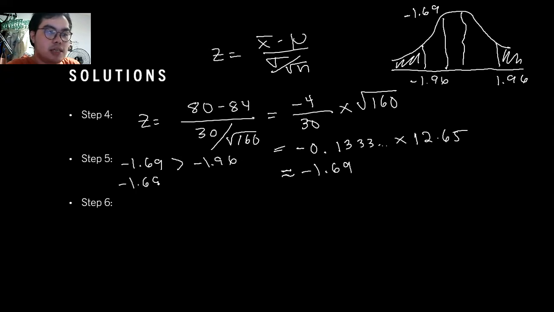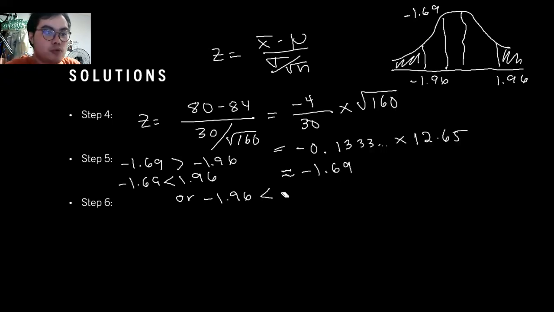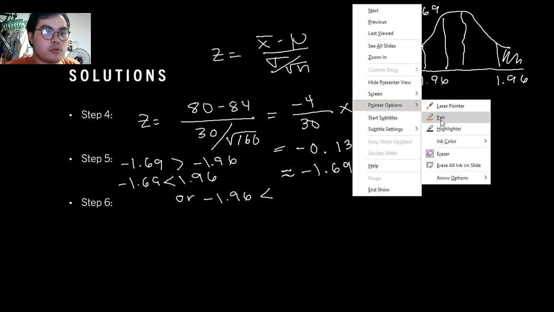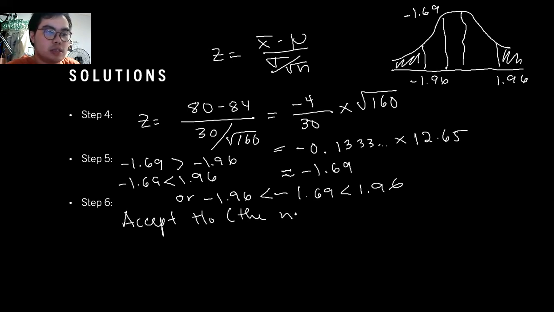However, this is less than 1.96, or negative 1.96 is less than negative 1.69, which is less than 1.96. So this lies in the acceptance region. So we have decided to accept H0, which is the null hypothesis.